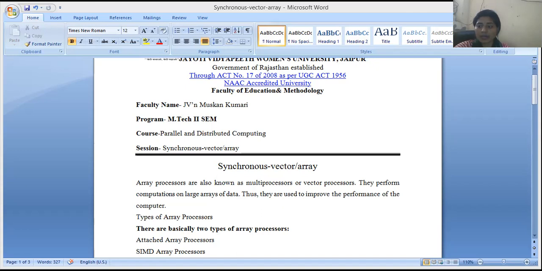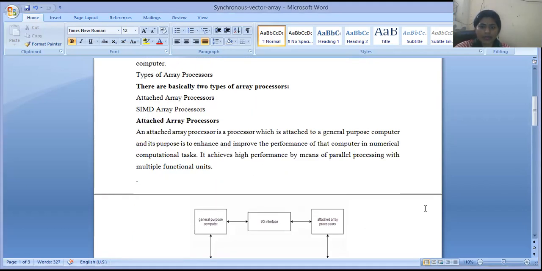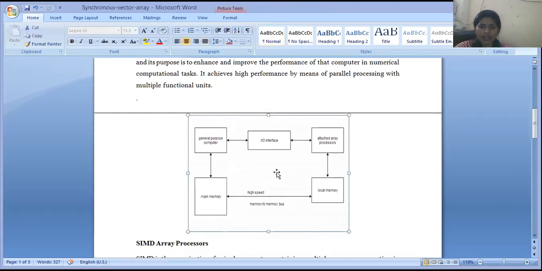They are also suitable for other computational problems. Clear? So the diagram of SIMD is the same as the array processor. Here all the things will be the same, but one thing changes: here will be the main memory, and here will be the general purpose computer or the control unit.